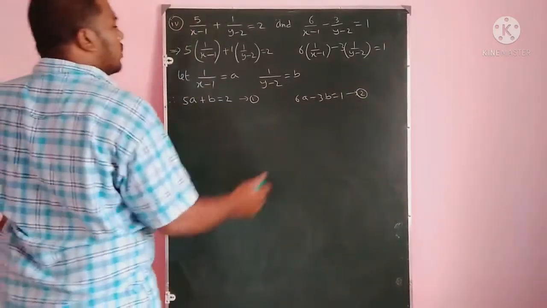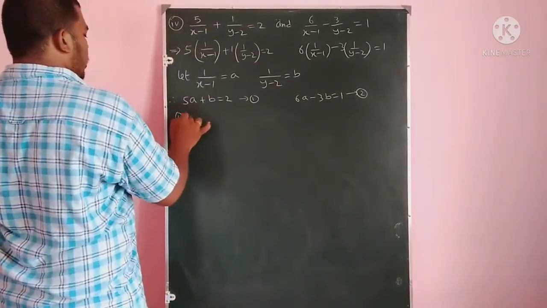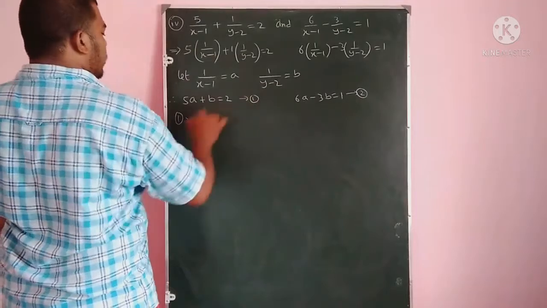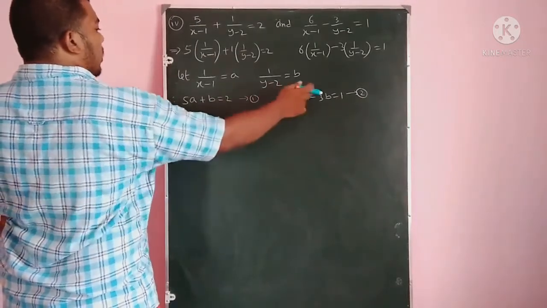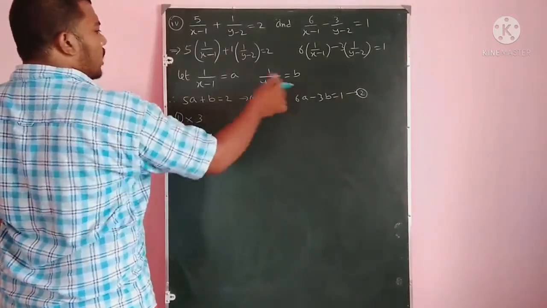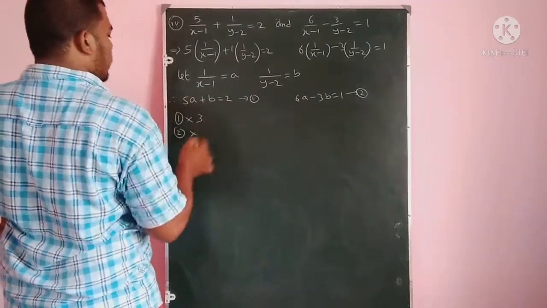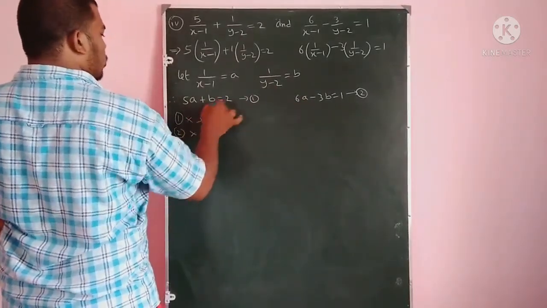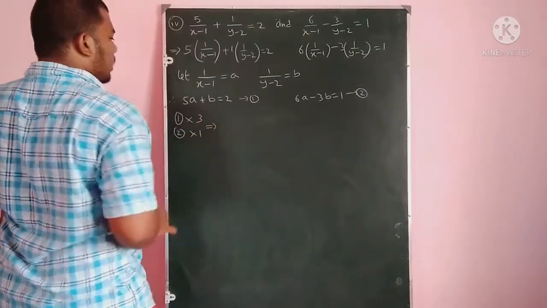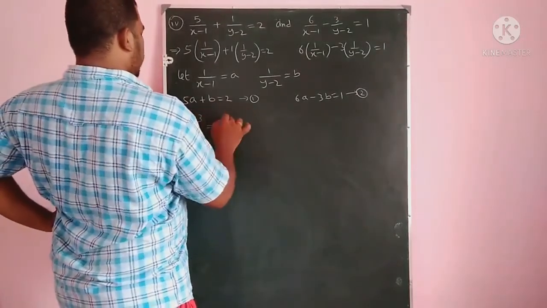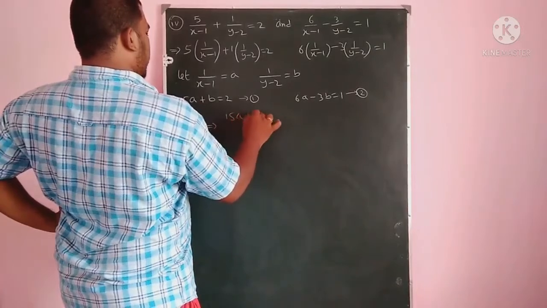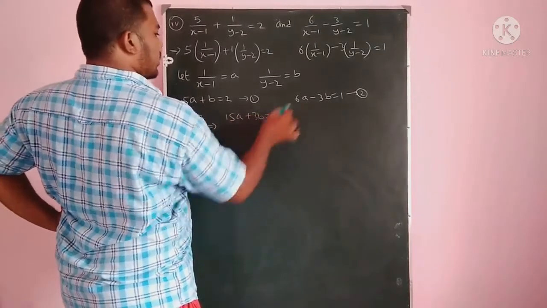So go with the elimination method. Equation 1 should be multiplied with 3. Here I am making the b coefficients equal because the values are smaller. If you go with 5 and 6, it takes time. So equation 1 is multiplied with 3 and equation 2 with 1. 15a plus 3b is equal to 6.